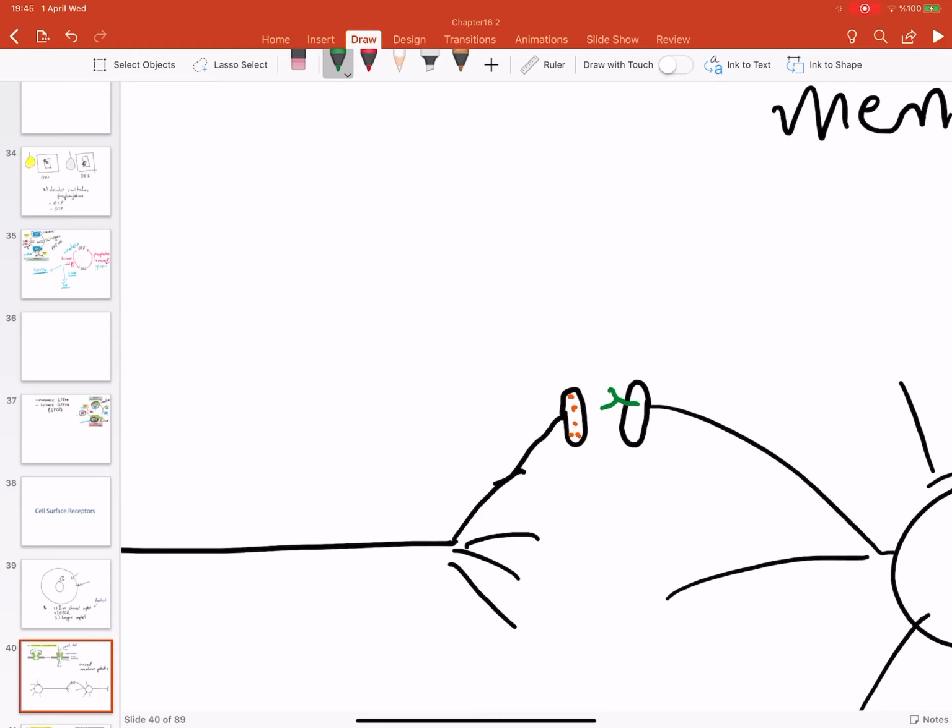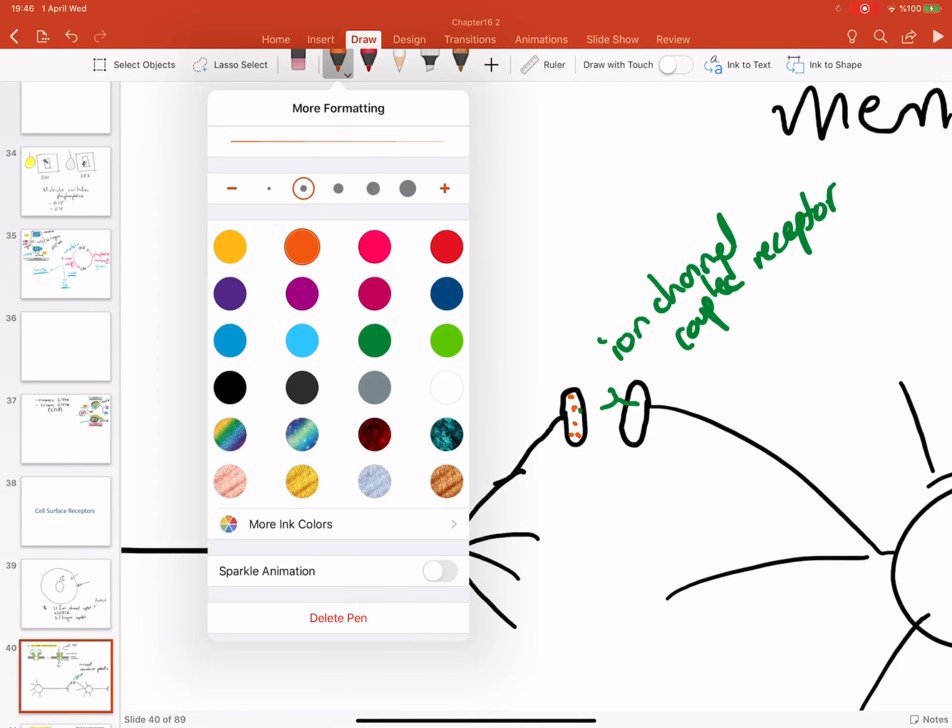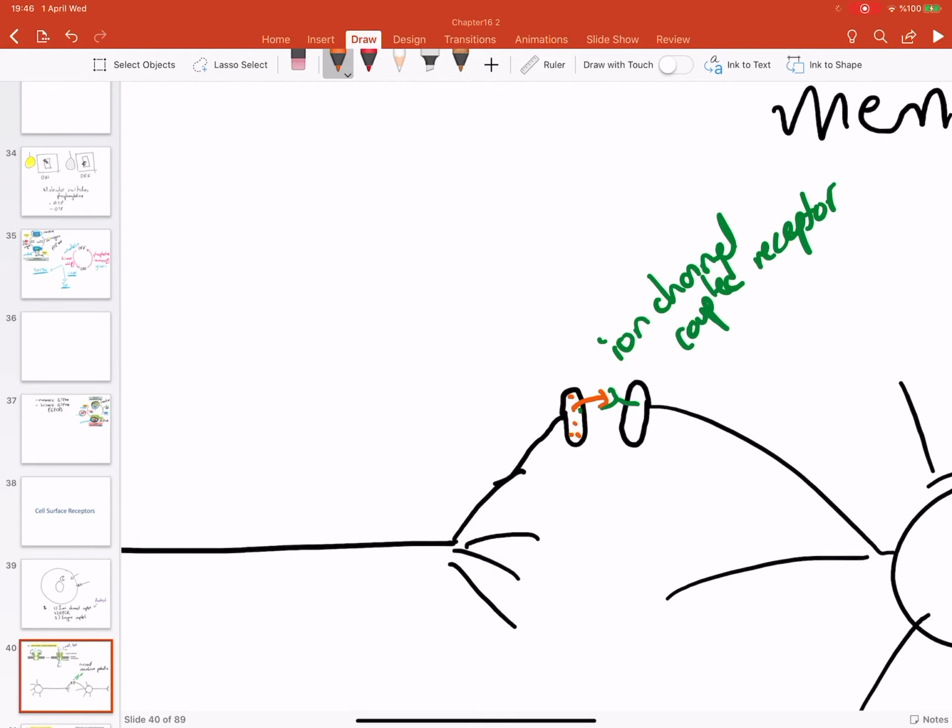The receptor on the postsynaptic surface is most possibly an ion channel coupled receptor. These are also called ligand-gated receptors or transmitter-gated ion channels. Now, when the signal binds there, this ion channel is going to open.